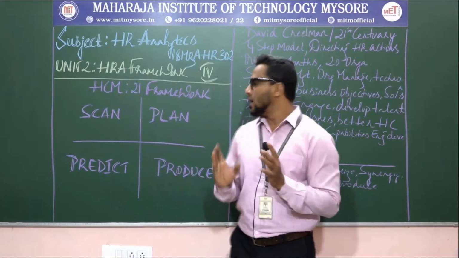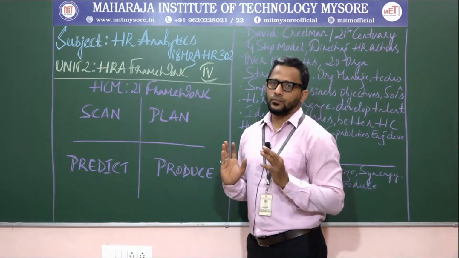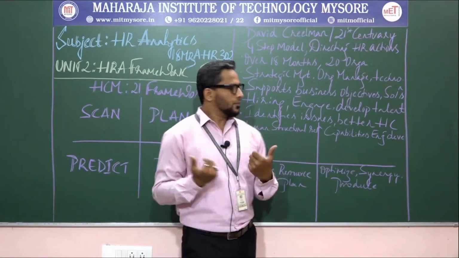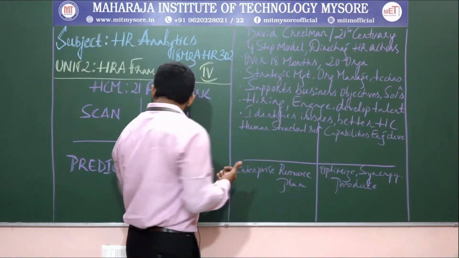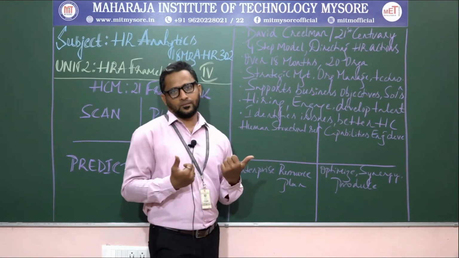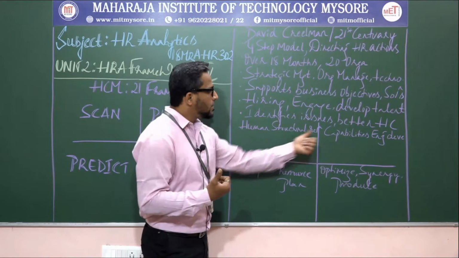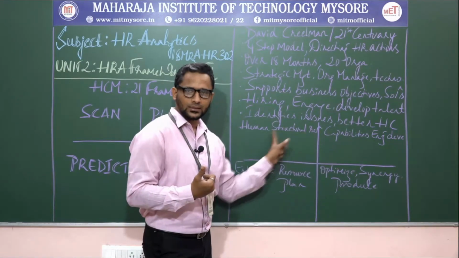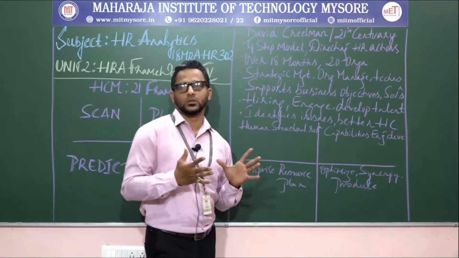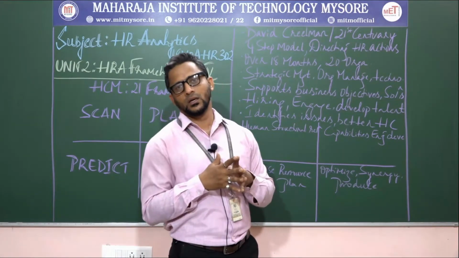That is how I start planning to improve interpersonal relations in a company. And next I start predicting. Predicting here is enterprise resource planning. Finally, when I do these two, scan and plan, the prediction gives a better enterprise resource.